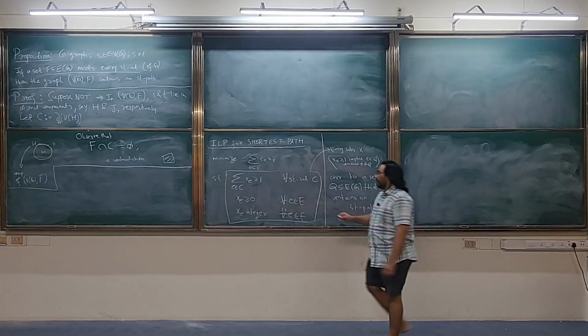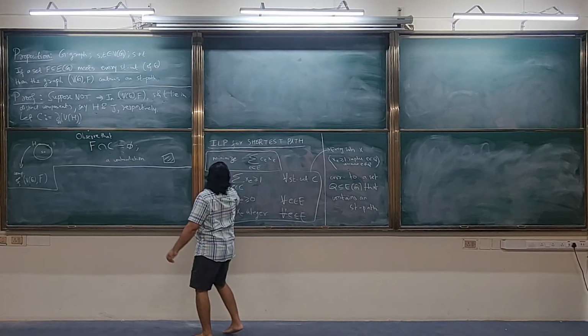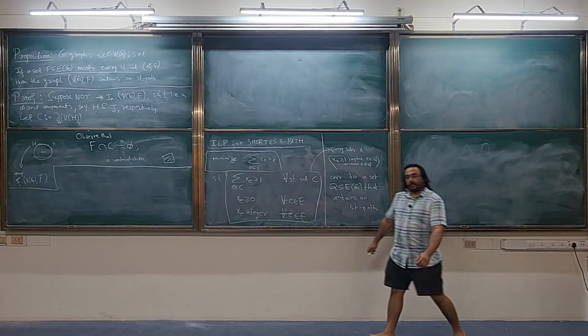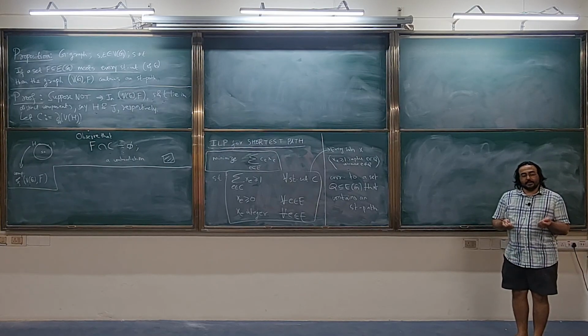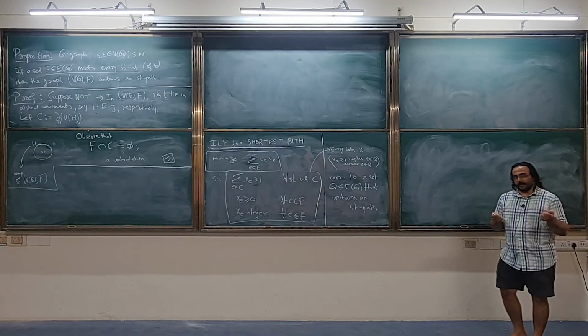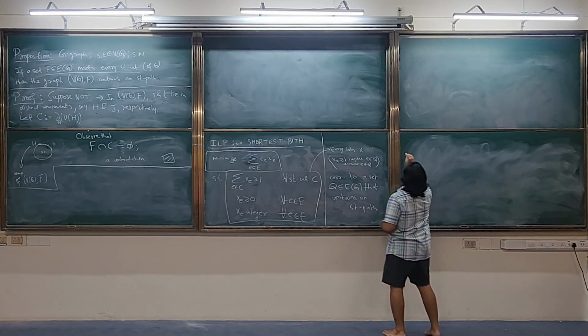And now when you throw in the minimization, you see that the optimal solutions will basically be shortest ST paths plus extra zero cost edges. See if you can write a proof of this, it's not very difficult.